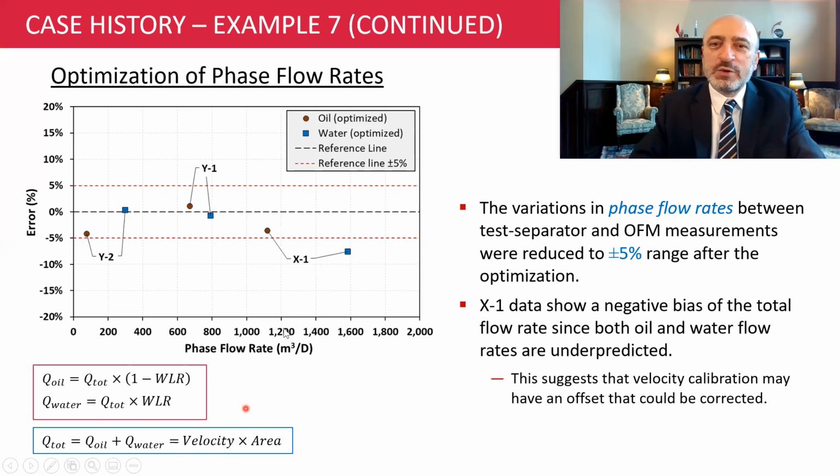So the optical flow meter is actually under predicting the flow rates, the total flow rate. So there must be an issue with the velocity calibration at the factory level. And that's actually an easy fix, because we can actually add an offset to these phase flow rates and bring these errors to both sides of the 0% error line.